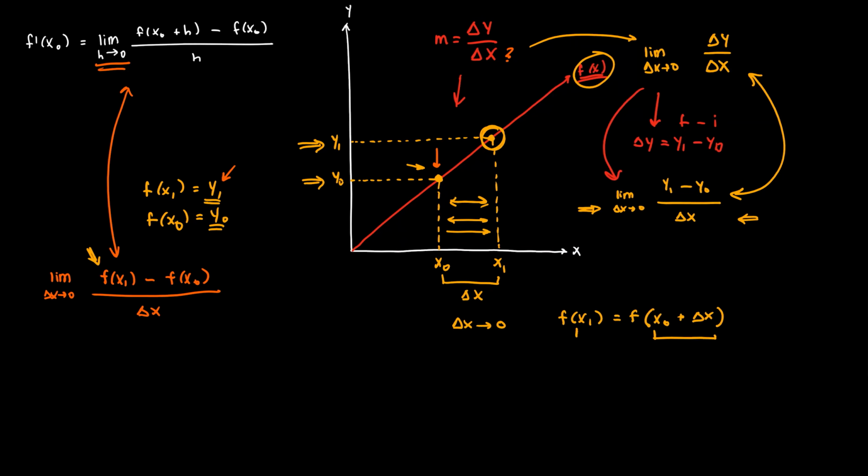Well, x1, this point on the x-axis, is the same as what would happen if we started here at x naught and added this distance that we are traversing on the x-axis, which we have, by the way, made infinitely small as a part of our limit expression. So x naught plus delta x is equivalent to x1, and therefore f at x1 must be equivalent to f at x naught plus delta x.